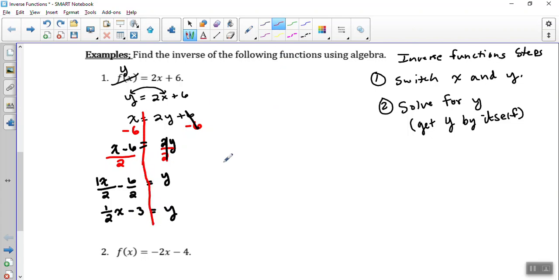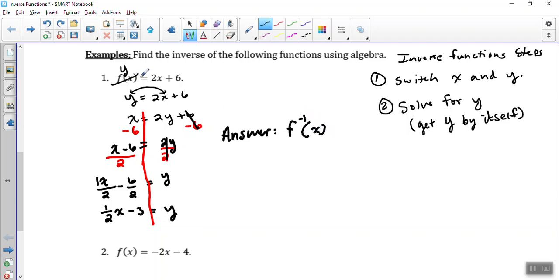Okay, but I did all this. Now I have to make sure that I write my answer properly. So here's what my answer is going to look like. We have here f of x equals 2x plus 6, and then here the f inverse, you write it like this. You write the function name and write the little inverse symbol of x.